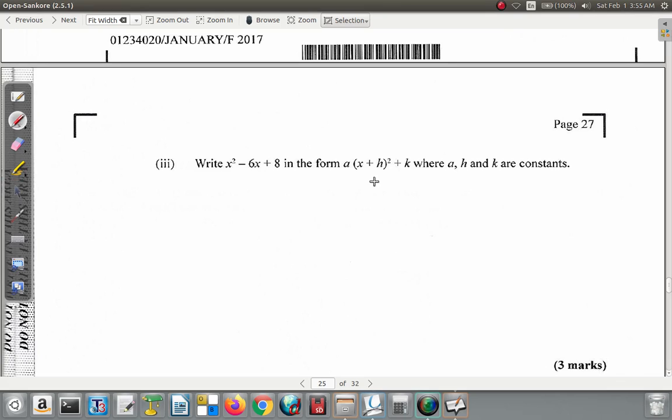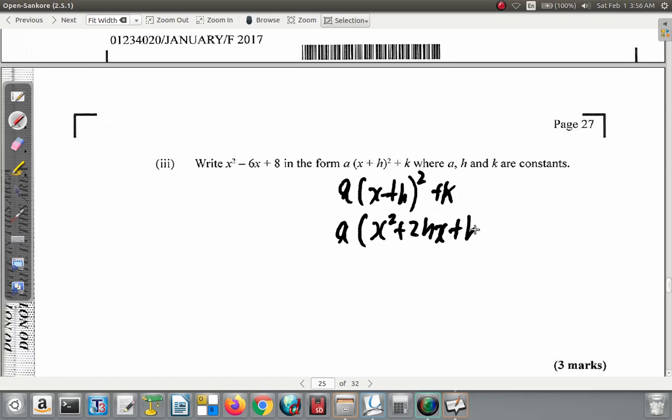This expression a(x plus h) squared plus k, if you expand (x plus h) squared, it is x squared plus 2hx plus h squared. If you expand it, you would have that plus k. You remember that?